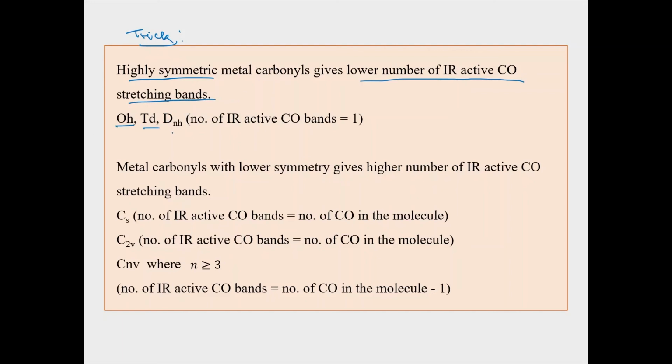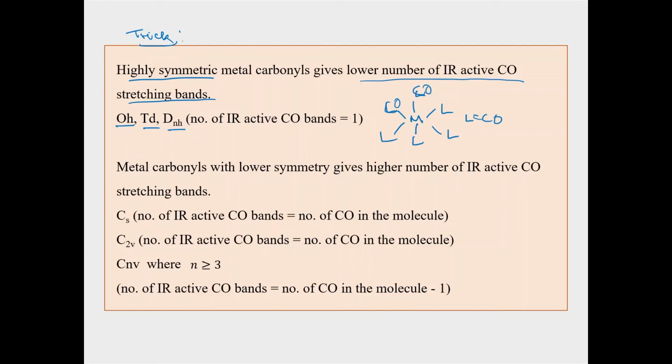Octahedral, tetrahedral or Dnh point groups. If there is an octahedral complex with 6 ligands which are the same, this will have only one IR active CO band. Okay, this L is CO here. Also, if there is a tetrahedral metal carbonyl in which only 4 COs are coordinated, we will get one IR active carbonyl band for that, and the same is seen for Dnh point groups.